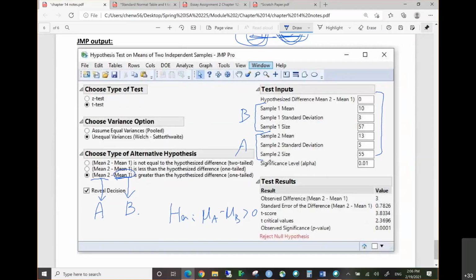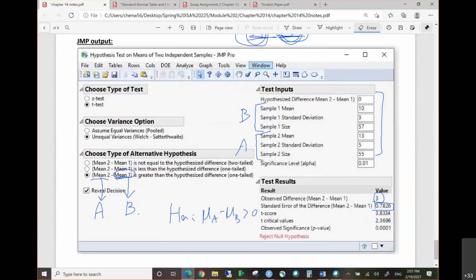Once you enter the significance level, you just enter, and then you have all the test results. This is the sample mean difference, and you have the standard error. No, this is not the t critical value.